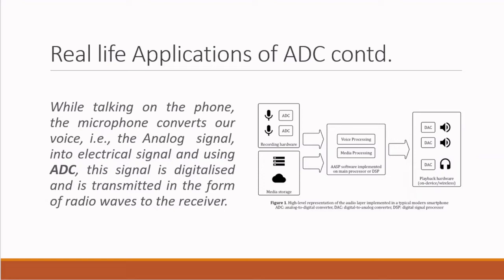On the receiver end, the receiver receives these radio waves, and with a separate device called DAC, that is digital to analog converter, this signal is converted back to analog signal for the receiver to hear the information which was sent. So in short, by some way or the other, we are using ADC in our day-to-day life.